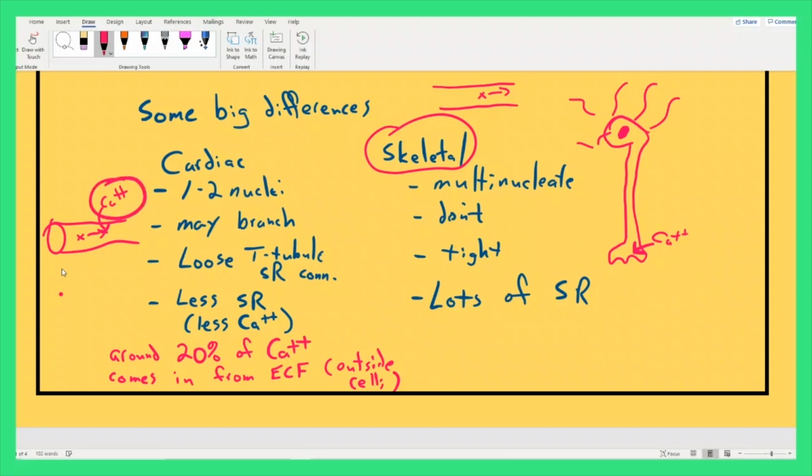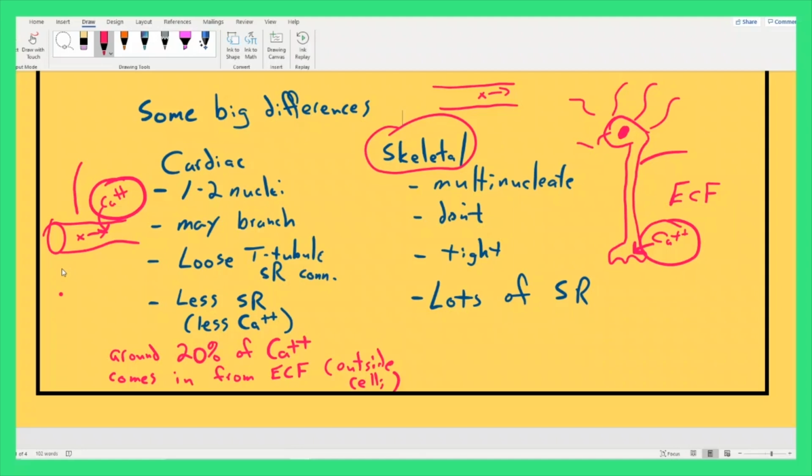Do you see why people might be hyper alert, hyper aware of calcium ion levels in the extracellular fluid when we're worried about nervous function or heart function? Because for these two tissues, calcium enters the cells from the outside.